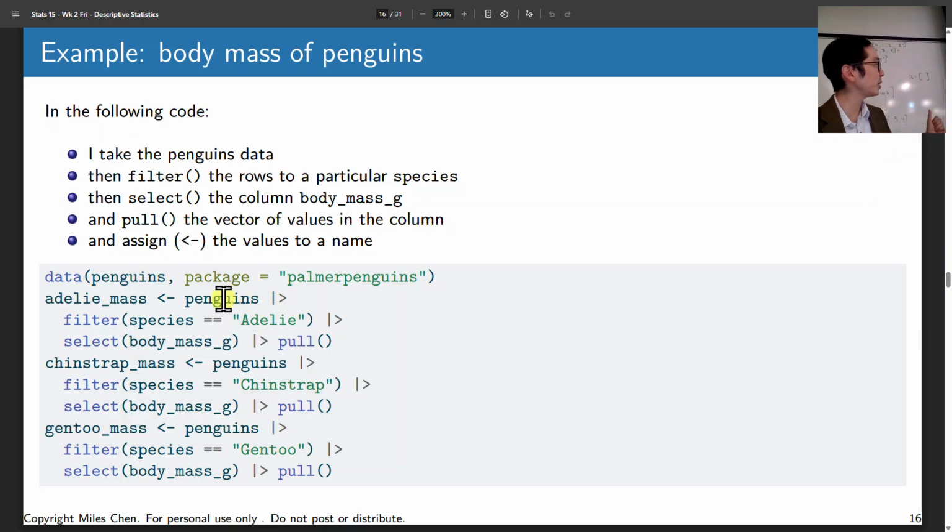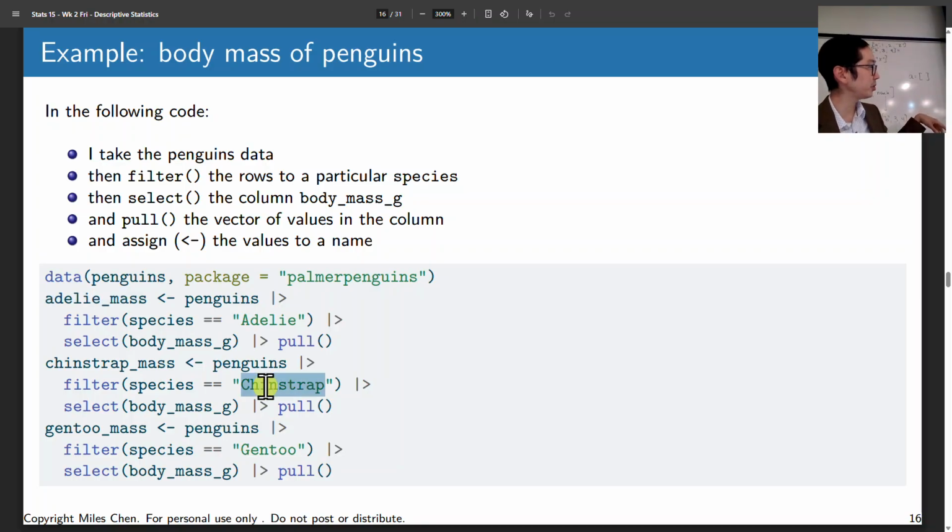So here I've been using the pipe, start with penguins, we filter it, we select it, and then we pull out those values, okay? And then at the end of all of this, the operation feels a little bit weird, but I'm going to assign it to the name adelie_mass, okay? This is going to be the vector containing the values, okay?